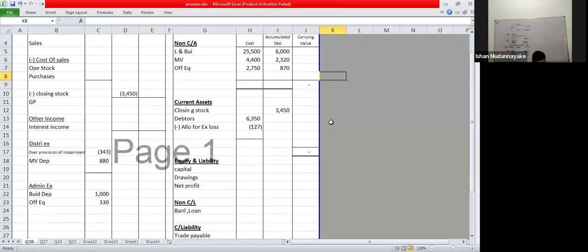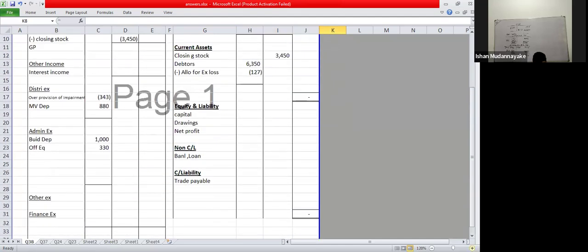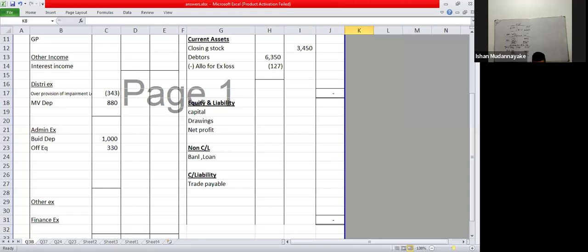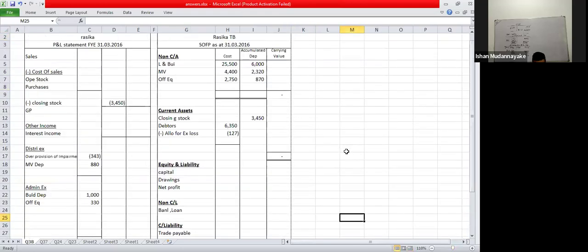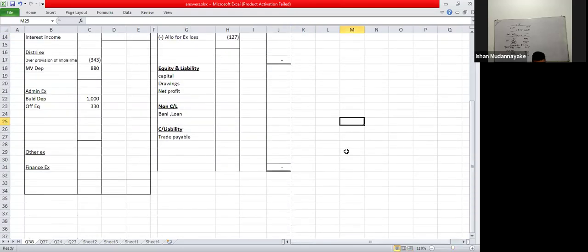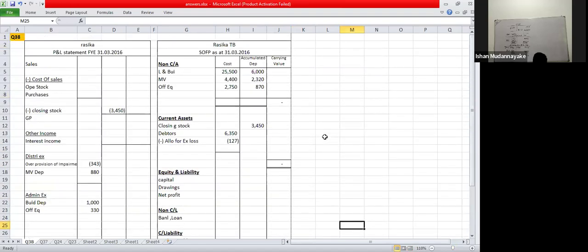Look at the fourth adjustment. Electricity bill of 355 for the month of March 2016 was not settled as at 31st March.